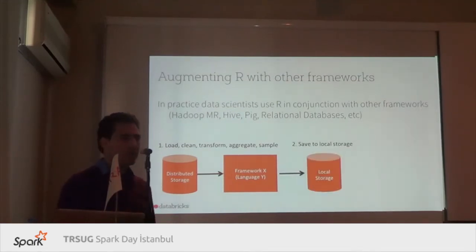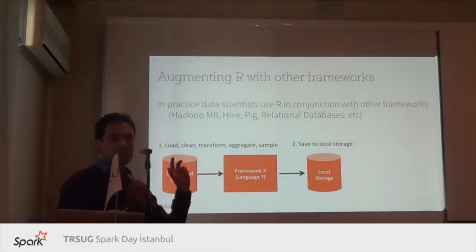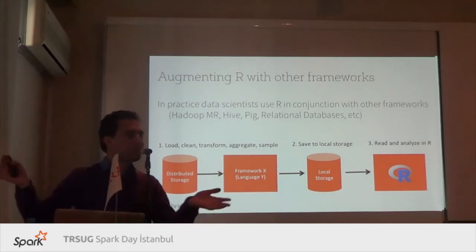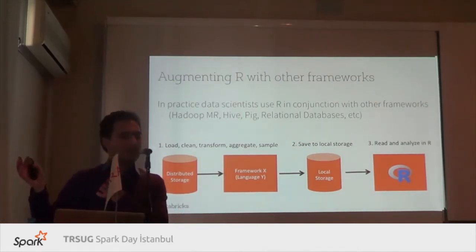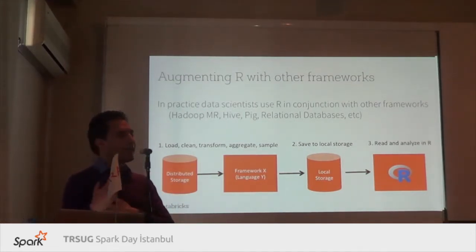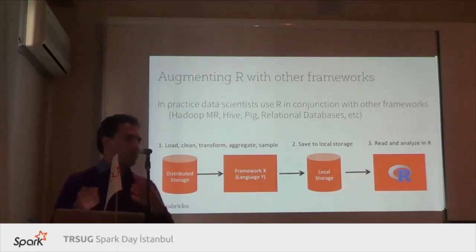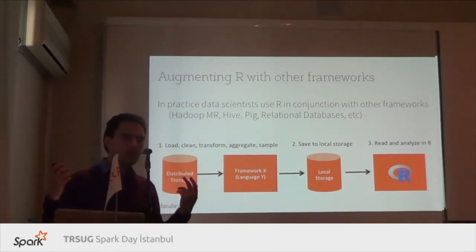And then when it's smaller, they write that smaller data set in local storage. Once it's on local storage, they can use their beefy workstation to read data into R and then analyze it. And basically do exploration with it or do model fitting on it.